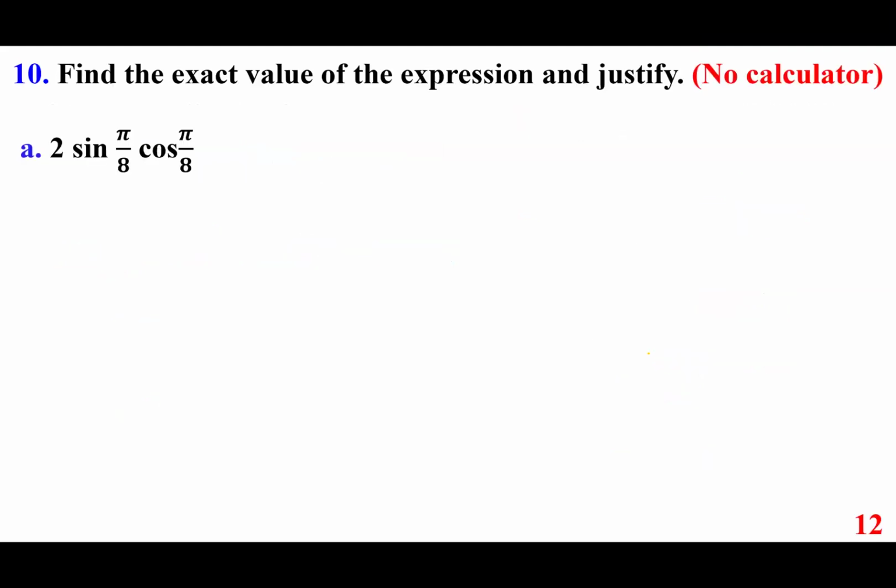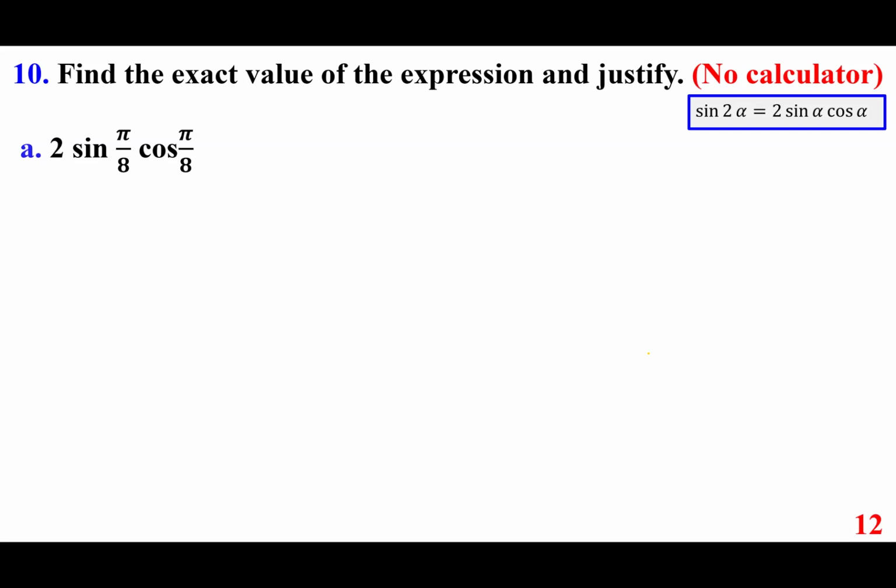All right, let's move on, everyone. We want to find the exact answer, no need for a calculator. And so we remember sine of 2 alpha is 2 sine alpha cosine alpha.